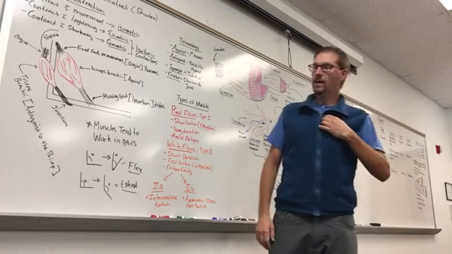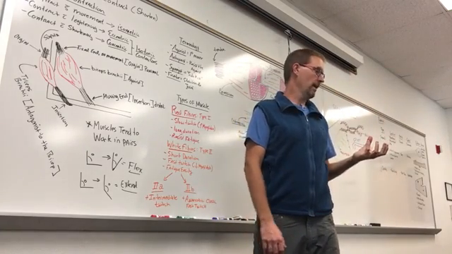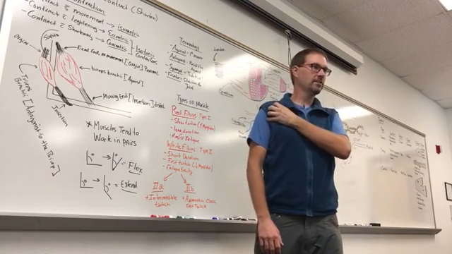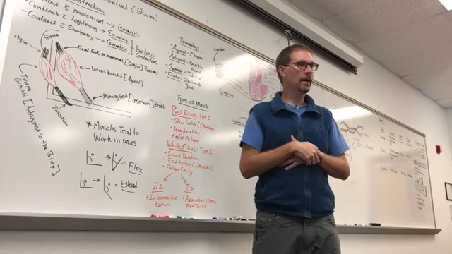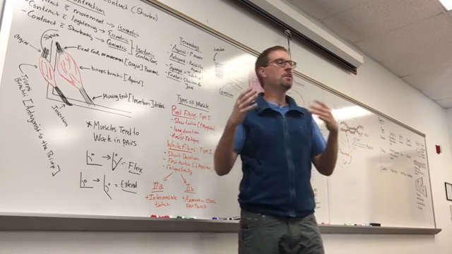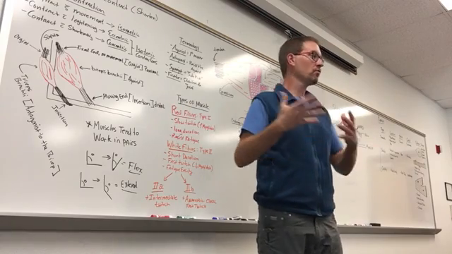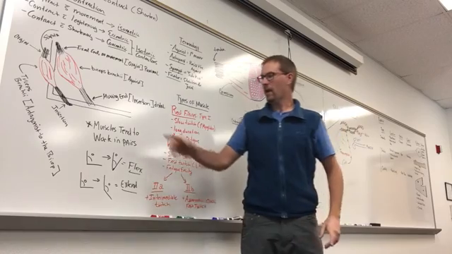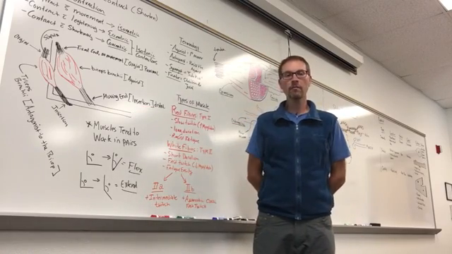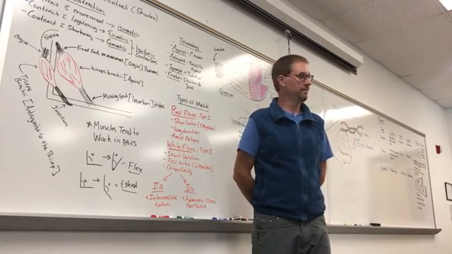The area where a muscle is fixed and not moving is what we call the origin. In general, the origin tends to be a proximal location. And where the muscle does the moving is what we call the insertion.